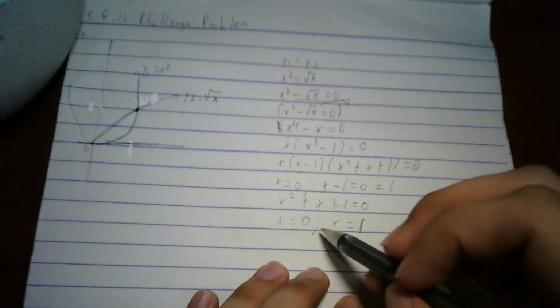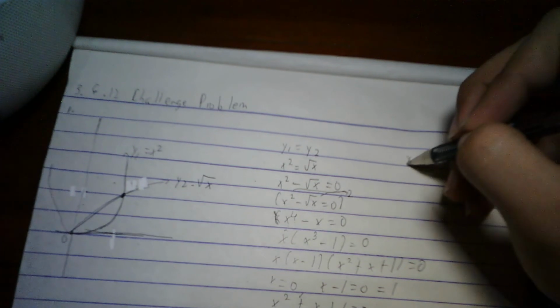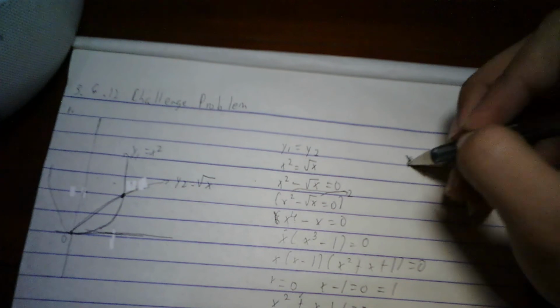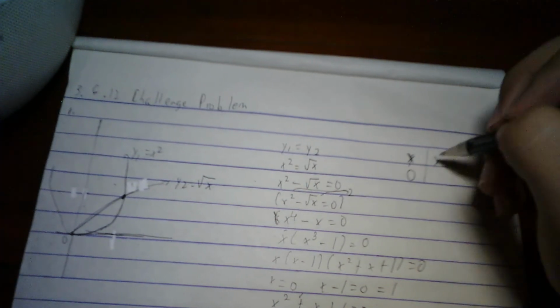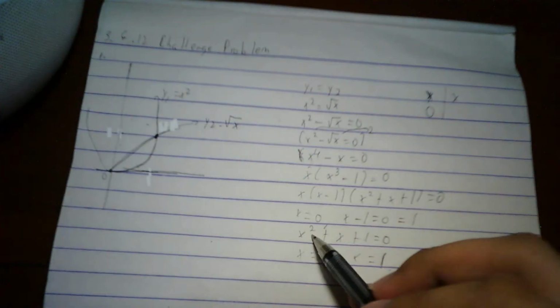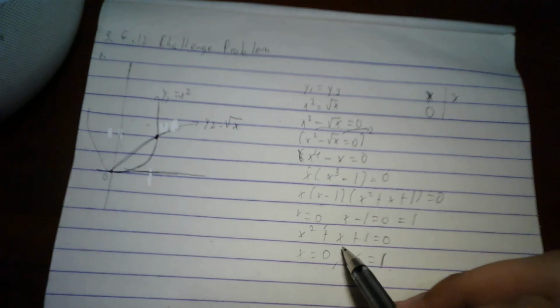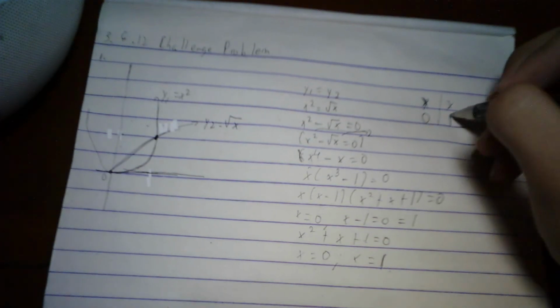So first we equate this, when y is equal to 0, then here we substitute 0. 0 squared is 0 plus 0 is equal to 0, and our x is 1.